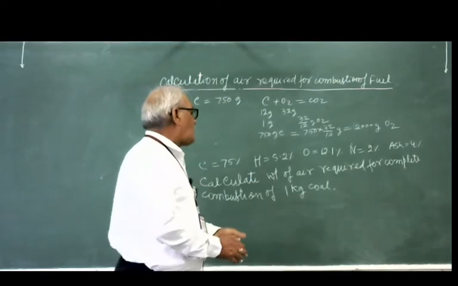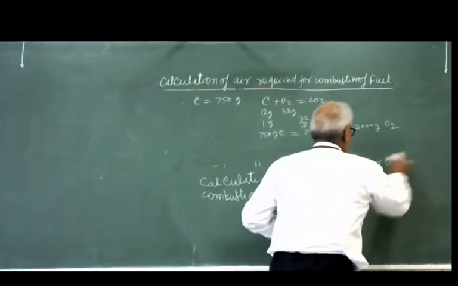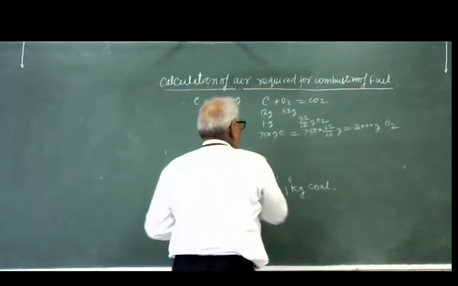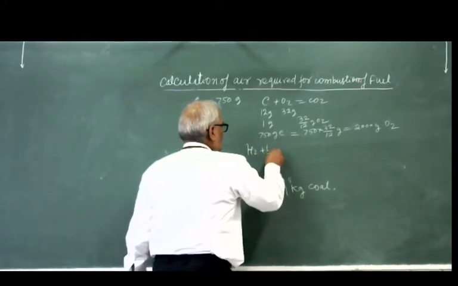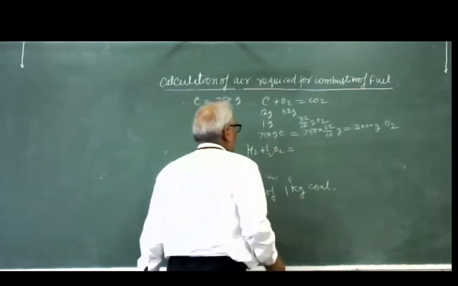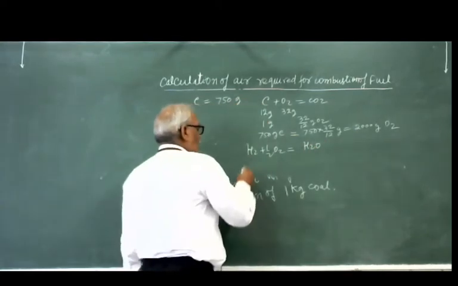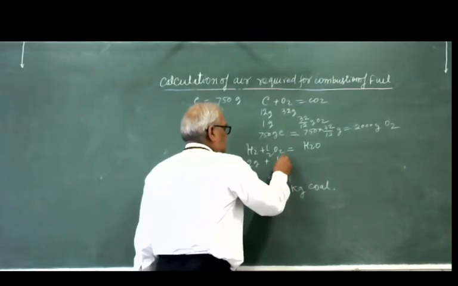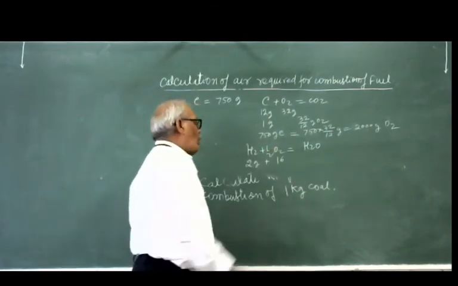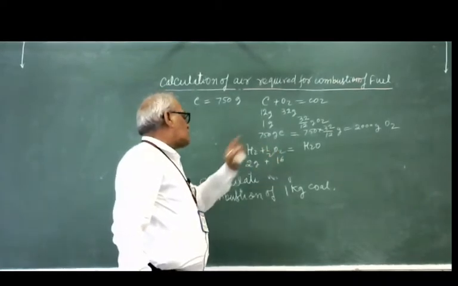And in case of hydrogen, hydrogen plus half O2 is equal to H2O. 2 gram plus 16. Half O2: weight of the O2 is 32, half O2 is 16.